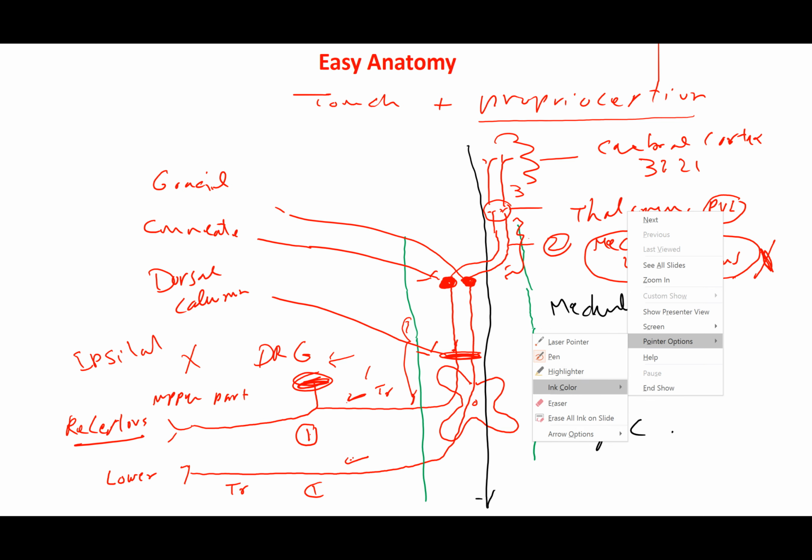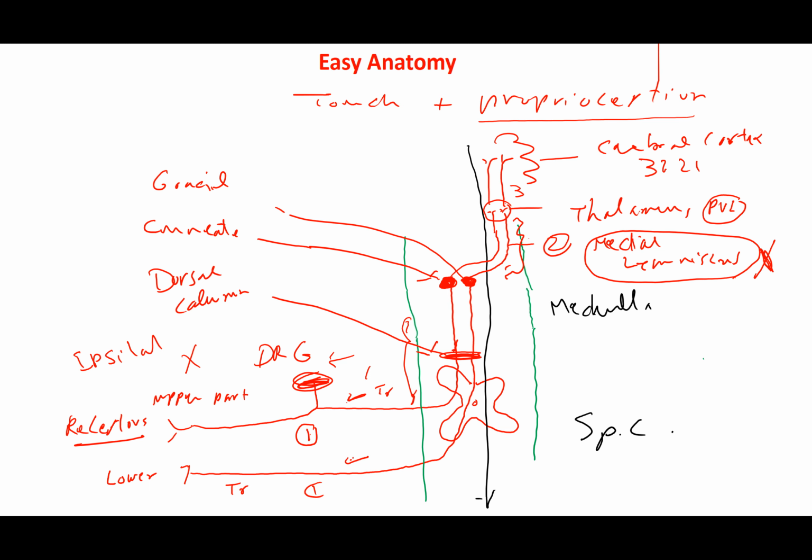Just a quick review of this other tract, which we call the ventral spinothalamic tract. The ventral spinothalamic tract carries touch also, and is going to cross at different levels of the spinal cord and then ascend in the ventral column.